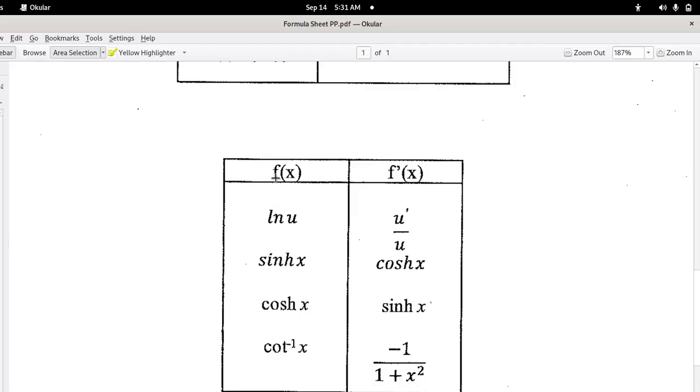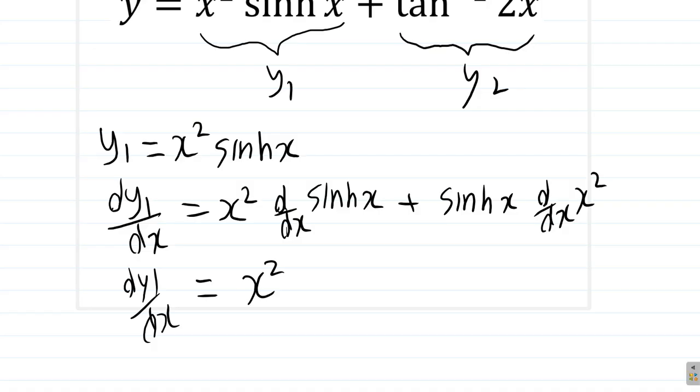When you differentiate, on the left you have the function, on the right you have the derivative. So when you differentiate sine x, you get cos x. So this is going to be x squared times cos x plus sine x as it is multiplied by, when you differentiate x squared, you get 2x. Okay, good. Let's keep that as it is.